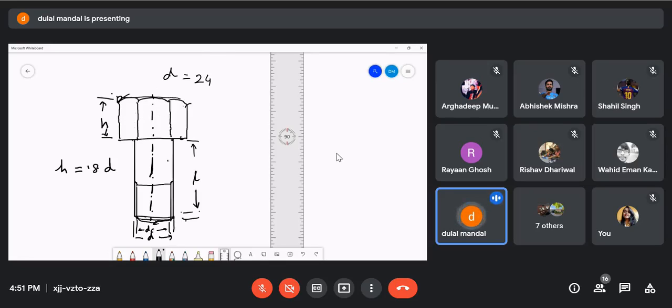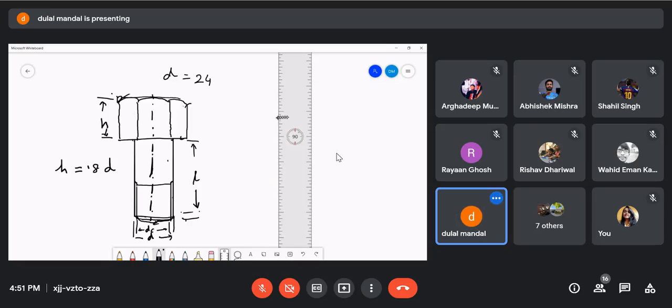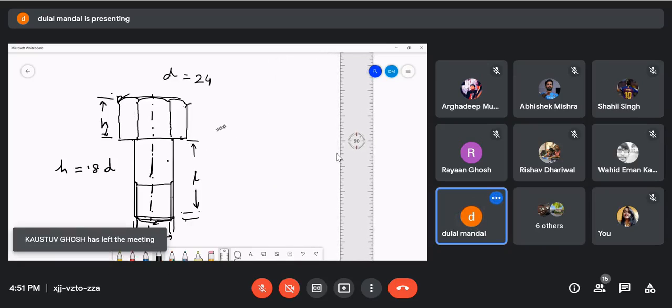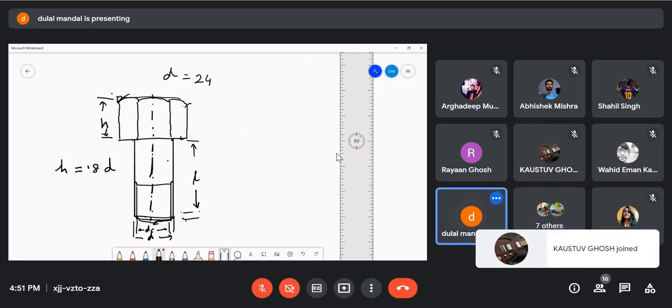Okay, now let me draw the bolt and nut. Now this is the elevation of this. Have you done the projection?